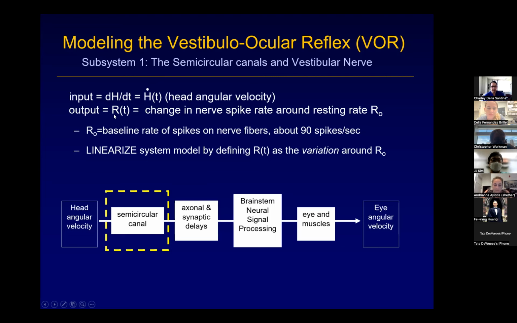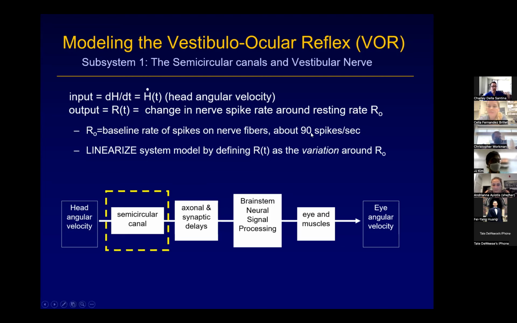The output is going to be some firing rate. But we need to do linear systems analysis. We need a linear function. A linear function is one where if you double the input, you get double the output. And so we need to linearize this thing. The trouble is that neurons, as I showed you before, are kind of firing anyway, even when you're not moving. Let's say they're firing at 90 spikes per second.